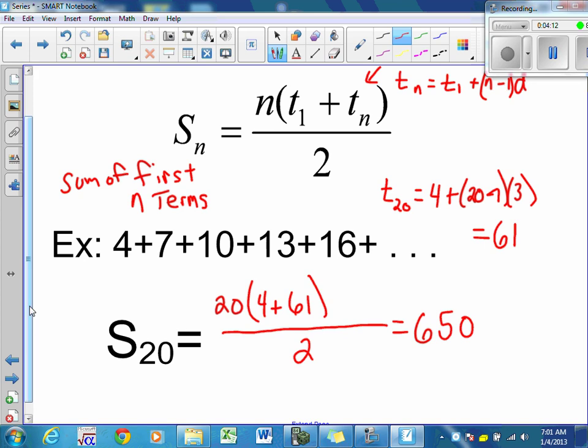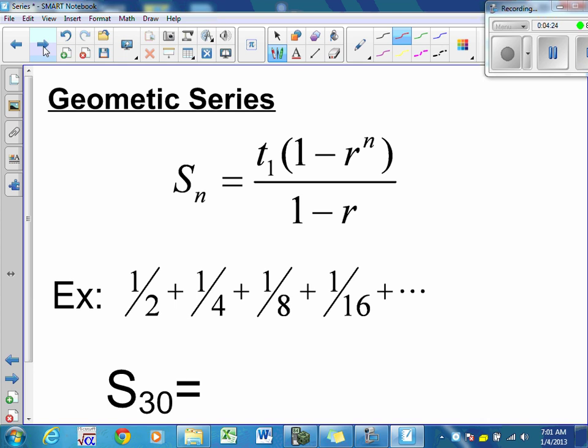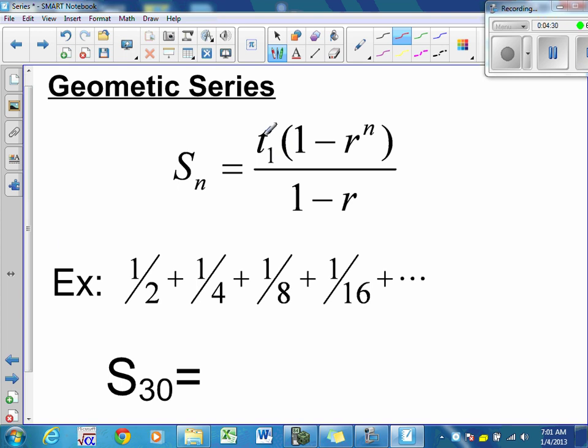So this formula works when you have an arithmetic series, which is like an arithmetic sequence, when you add the same thing every time to get the next term. If we have a geometric series, we have a little different formula. We have our t sub 1, that's our first term, and we have r. Notice it doesn't ask for the nth term.